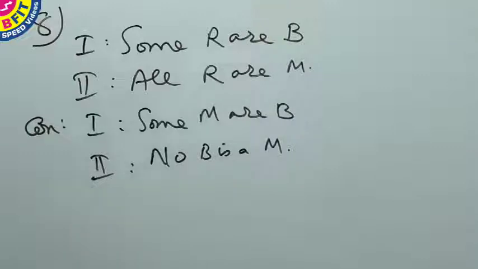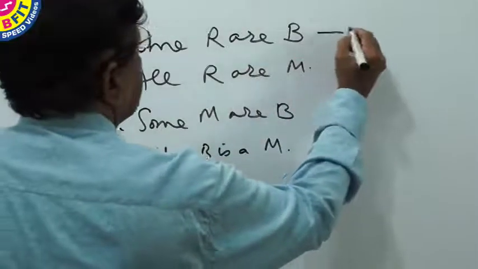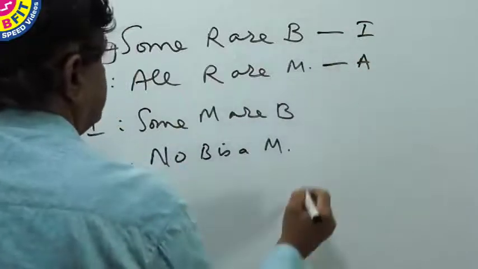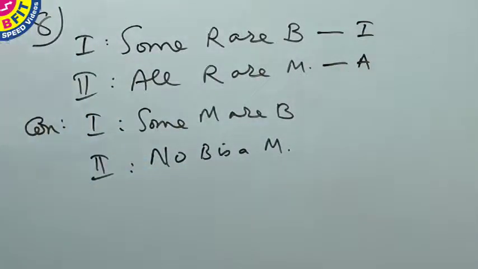Okay. Now we will arrive at the immediate inference. And the first step in immediate inference, we have to identify the statements. Some R are B, I type. All R are M, A type. The second step is we have to identify the conclusions as immediate or mediate.